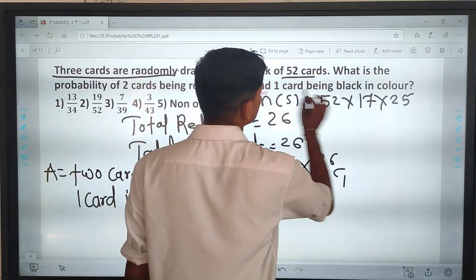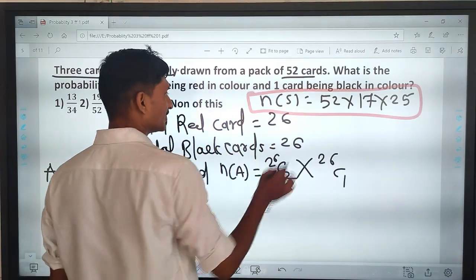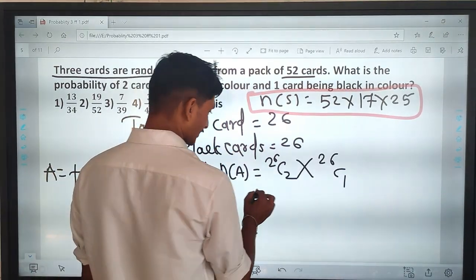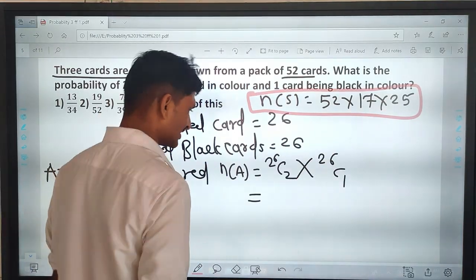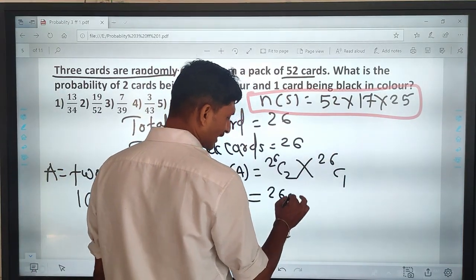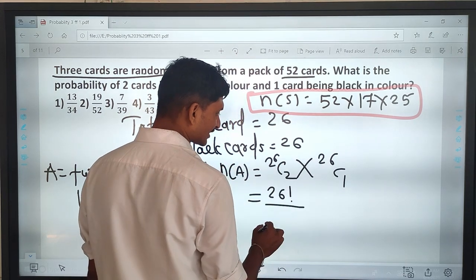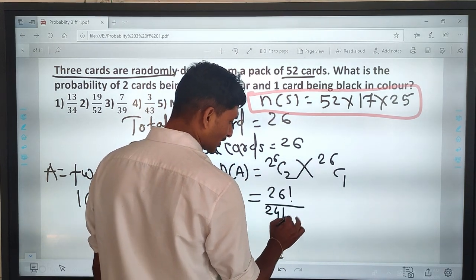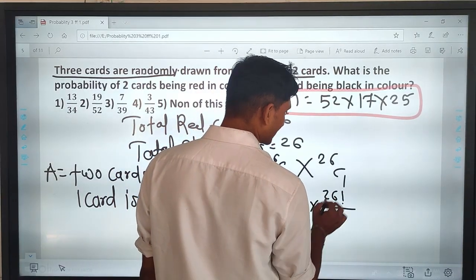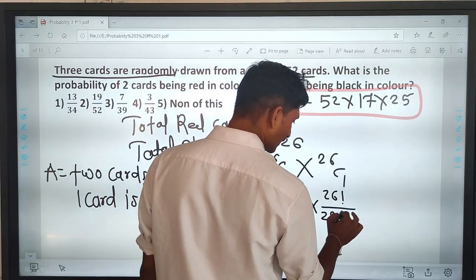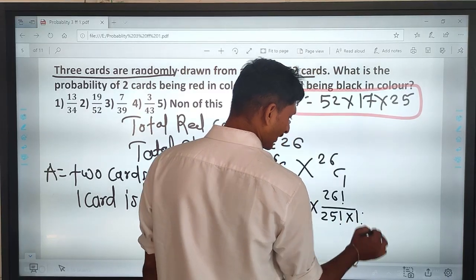This is n(S). We find n(A). Then we write 26C2 into 26C1. Here we write 26 factorial divided by (26 minus 2 is 24) factorial into 2 factorial, into 26 factorial divided by (26 minus 1 is 25) factorial into 1 factorial.